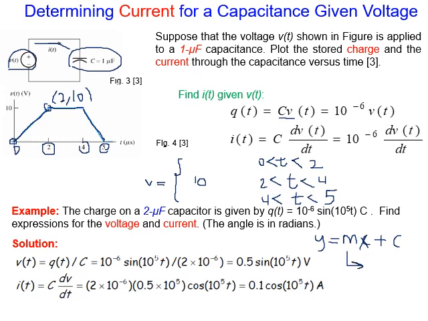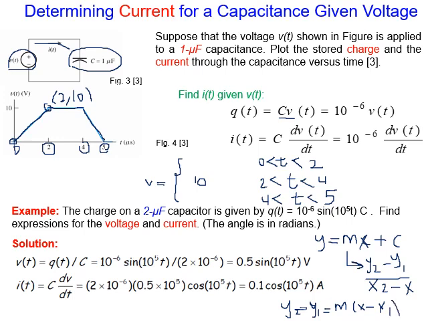As you remember, it is y2 minus y1 over x2 minus x1. You already studied this in secondary school and foundation. Or we can write it directly as y minus y1 equals m times x minus x1, as you can see here.